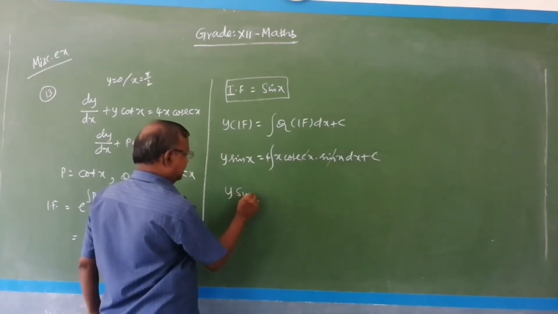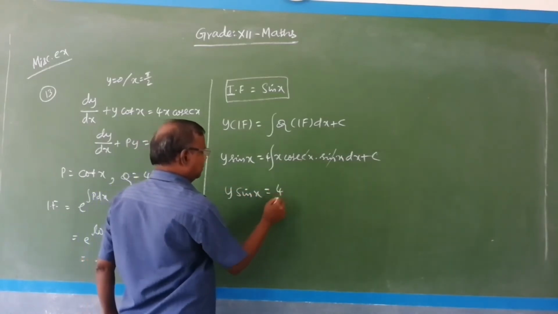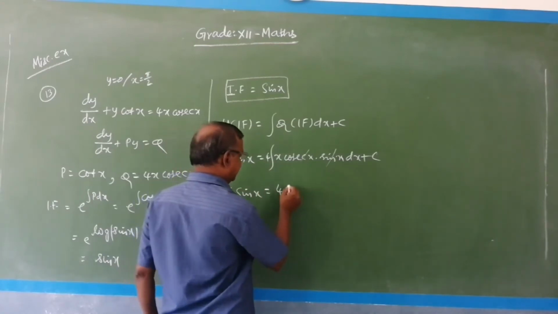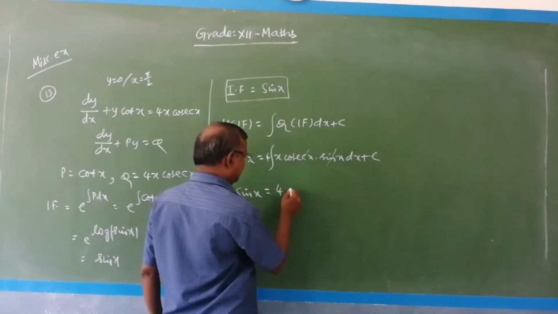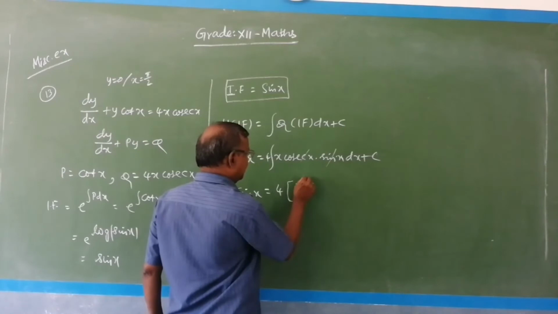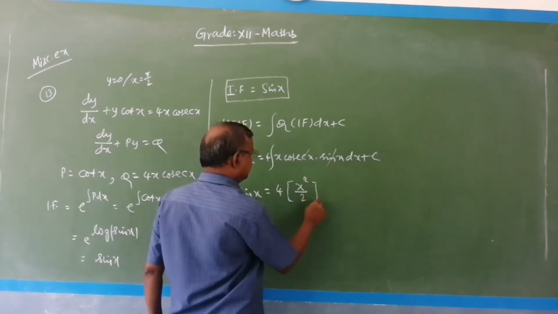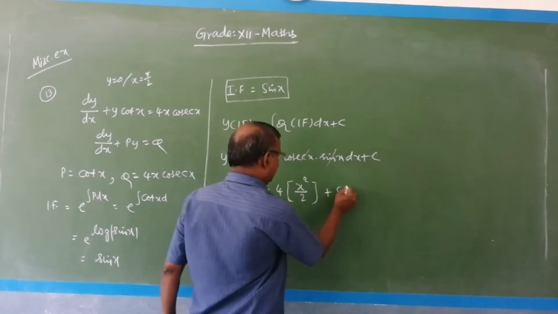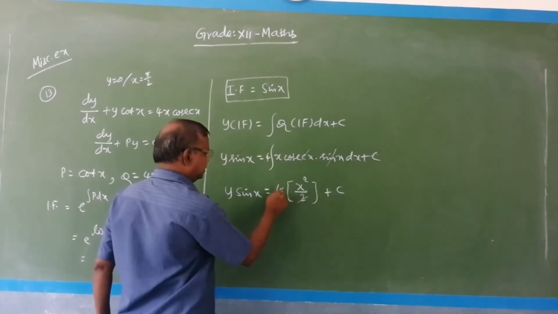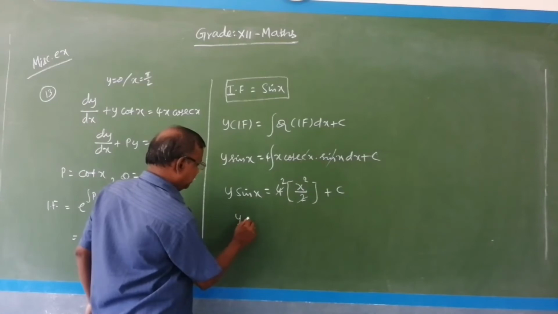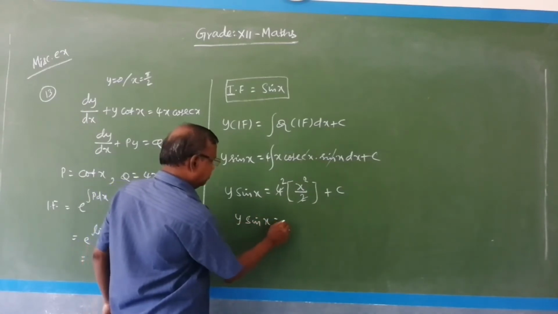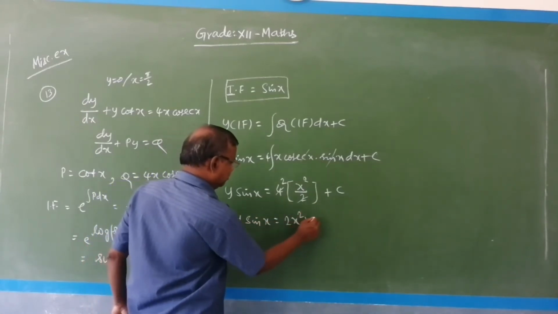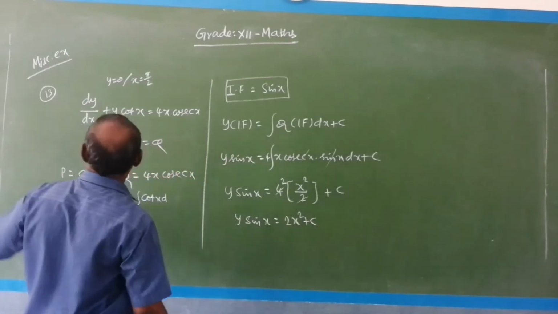So y into sin x equal to 4 into integral x dx. Integral x dx means x square by 2. So 4 into x square by 2 plus c, that is 2x square. So y sin x equal to 2x square plus c.